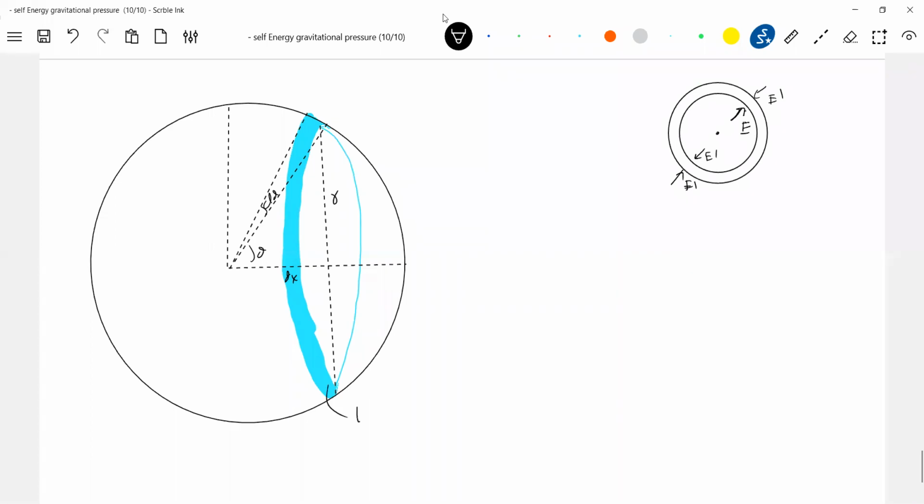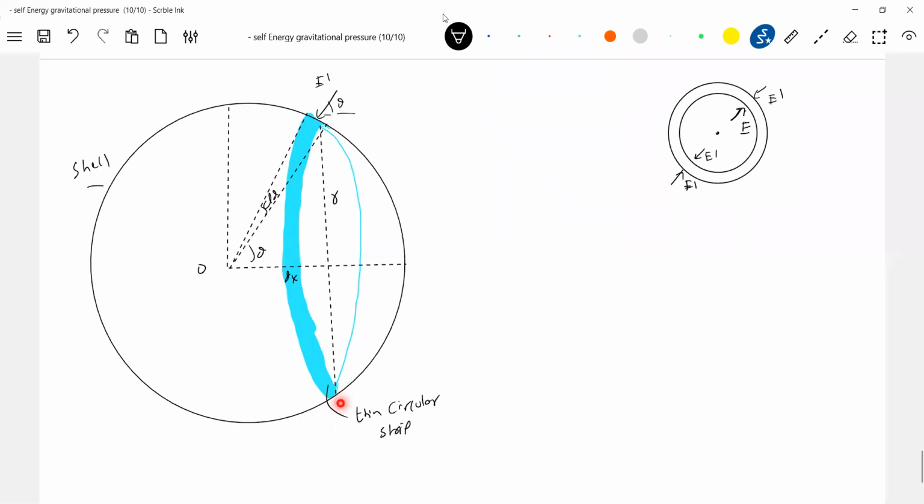So what is this? This is a thin circular strip. Everything is a shell. So shall we say that this E dash, shall I bring it here, radially inward, and it will make angle theta. Similarly, E dash should also come here at this particular point.